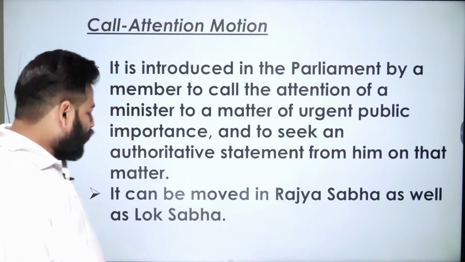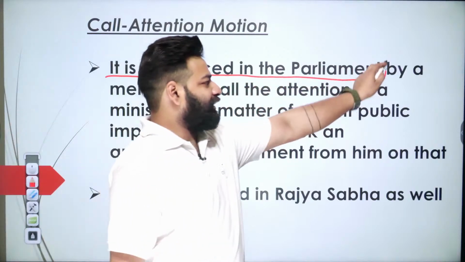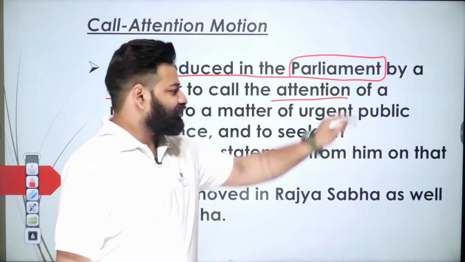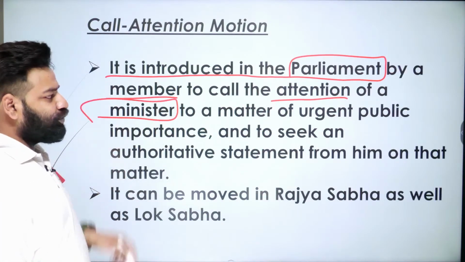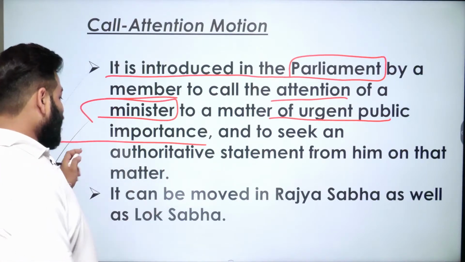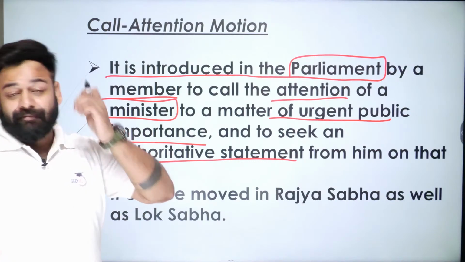So call attention motion is introduced in the parliament by a member to call the attention of a minister to a matter of urgent public importance and seek an authoritative statement from him or her on that particular matter.